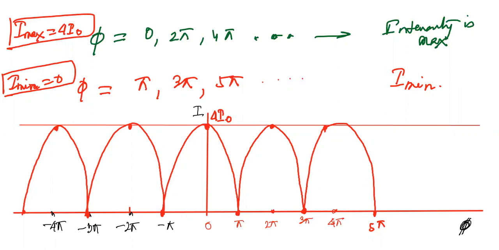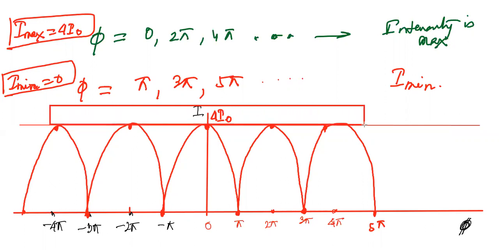Now, if I try to draw another interesting thing for you, from where I started the discussion today, it will be something like this. Here it is light. Over here, there will be darkness, right? So if I want to draw the dark parts, it will be something like this. So this will be darkness.